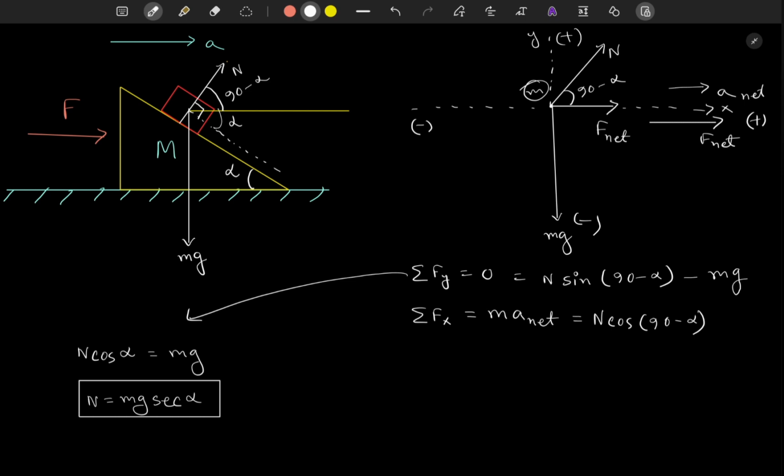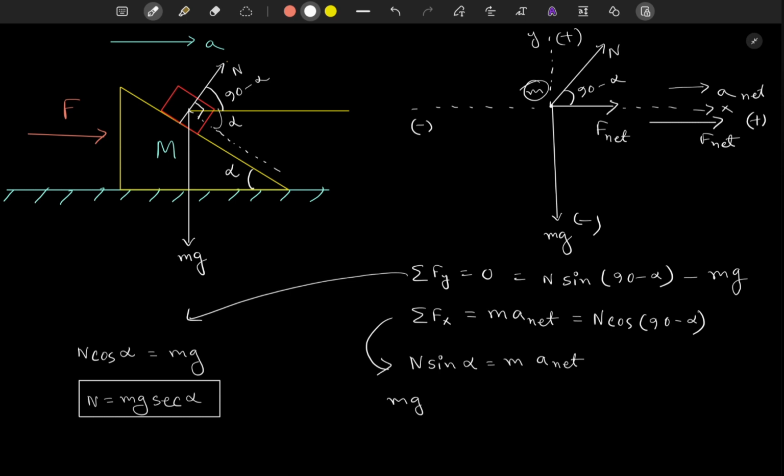So we find that N sin alpha is equal to m a net. We've already found what N is, so we can substitute that.